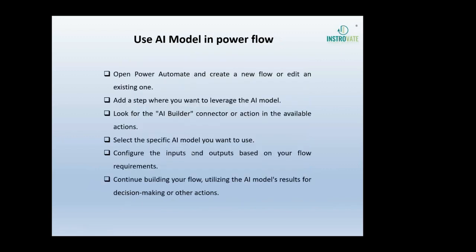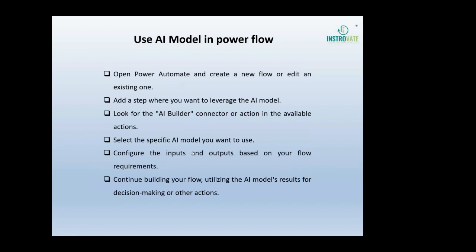Let's move forward and see how to use an AI model in Power Flow. For that, you first need to go to Power Automate, and click on create a new flow or edit an existing one. If you are working in an existing one, add one more step where you want to leverage the AI model. Now look for the AI Builder connector or action in the available actions.